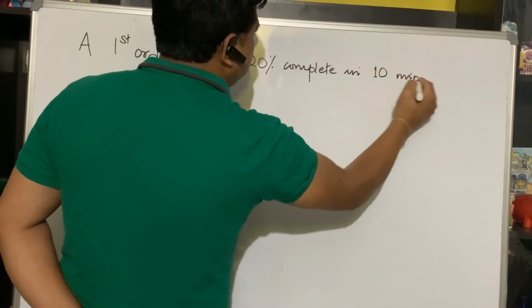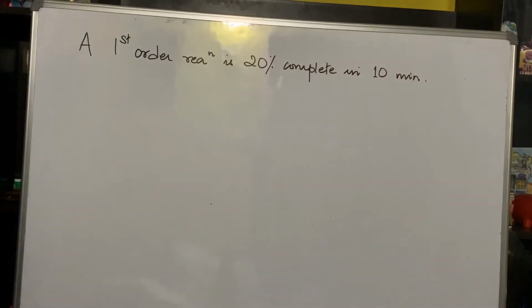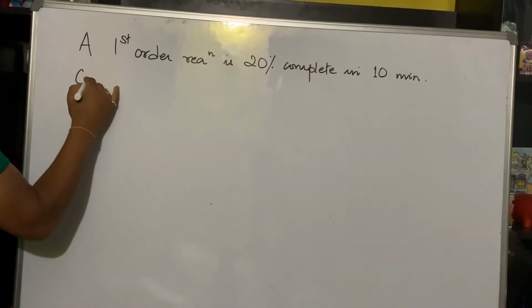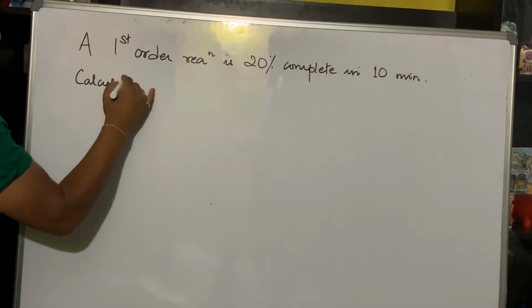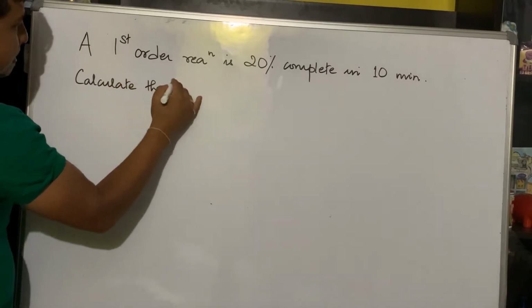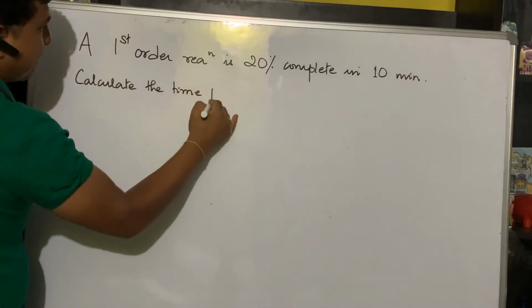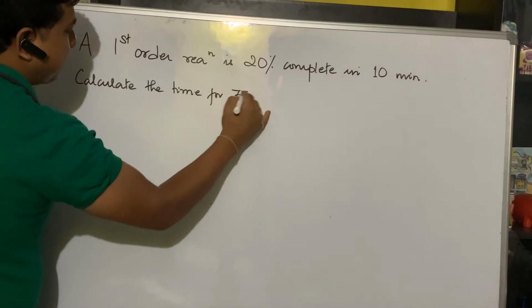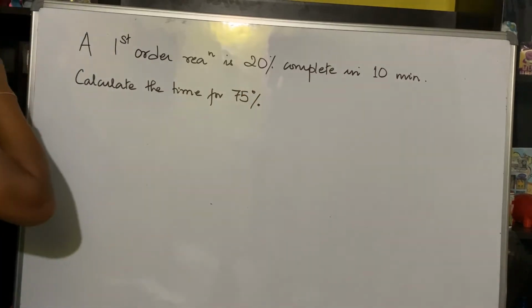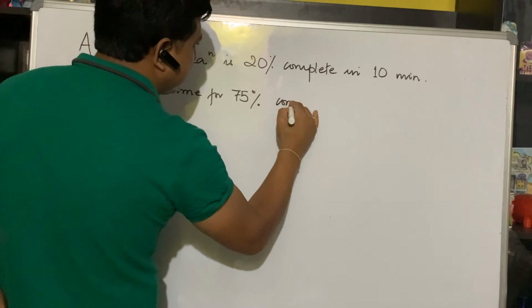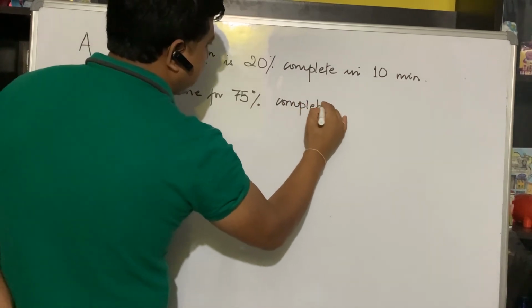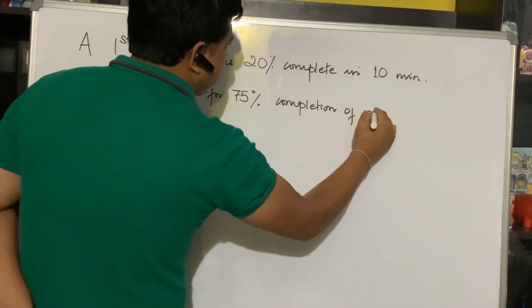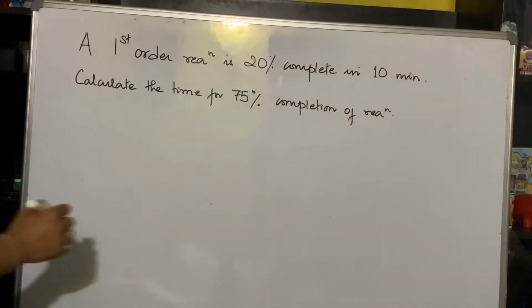So the unit of time is given out to be minutes out here. Calculate the time for 75% completion of the reaction. Okay, so this is the question.